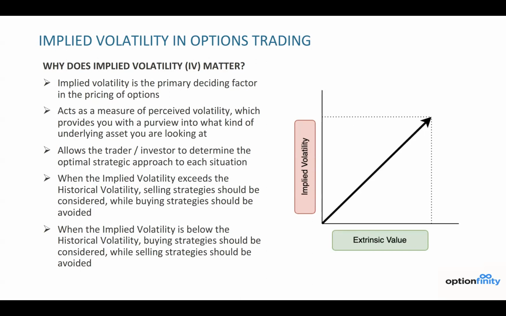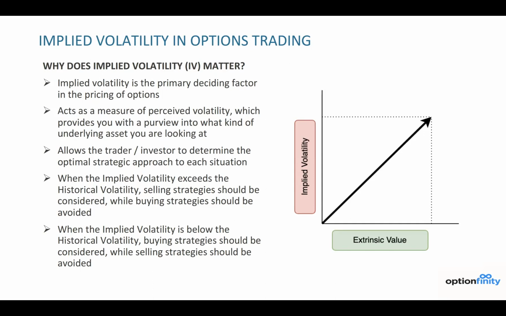Additionally, understanding implied volatility allows the trader or investor to determine the optimal strategy to use in each situation, right? There are many different strategies to use. If IV is very high relative to the historical volatility, you want to be selling options perhaps, or not buying them.